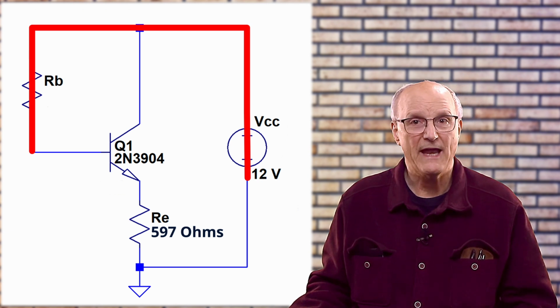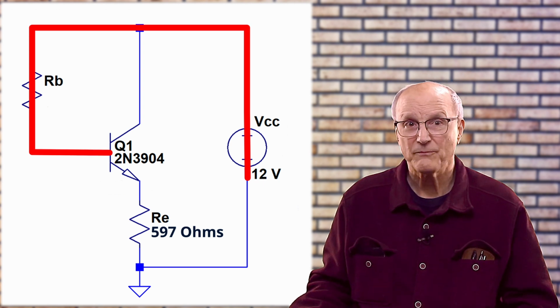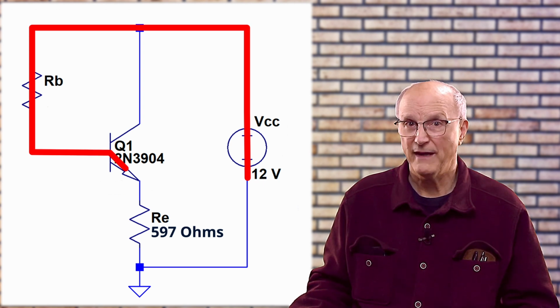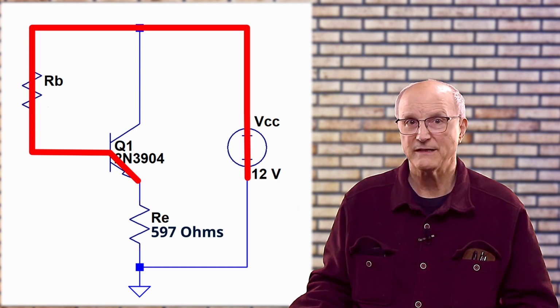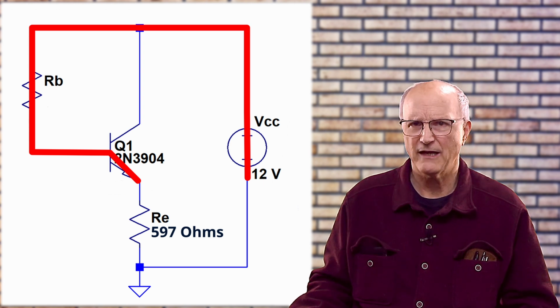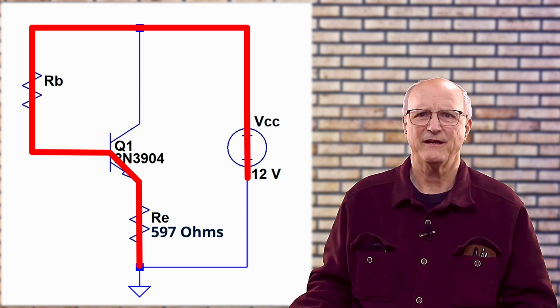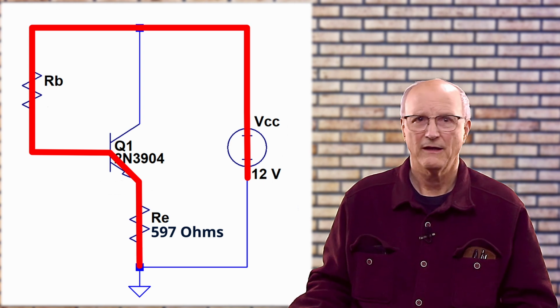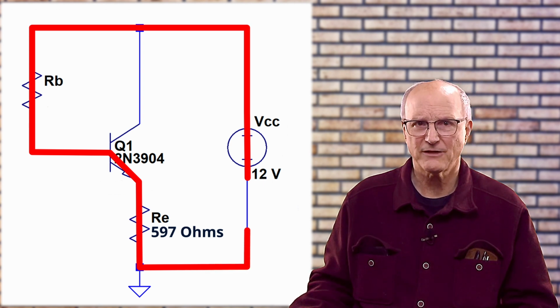So this is a negative change in voltage. We come to the base and then down through the base emitter junction, again moving away from the positive side of the power supply, this giving us yet another negative voltage change. Down through the emitter resistor, yet another reduction in voltage, and returning to the power supply via the ground connection.